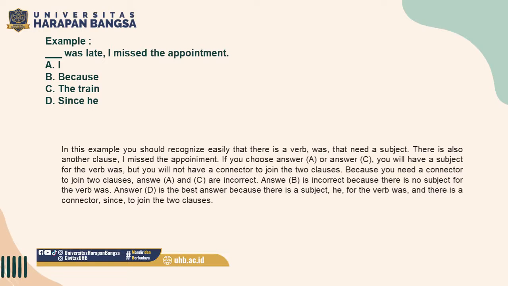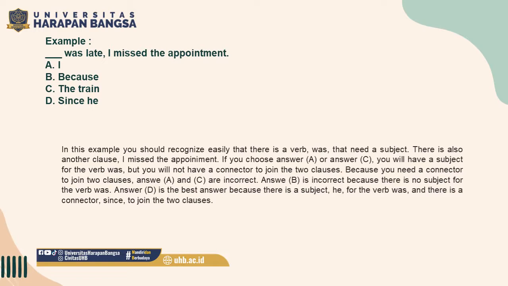In this example, you should recognize easily that there is a verb was that needs a subject. There is also another clause, I missed the appointment. If you just answer A or answer C, you will have a subject for the verb was.